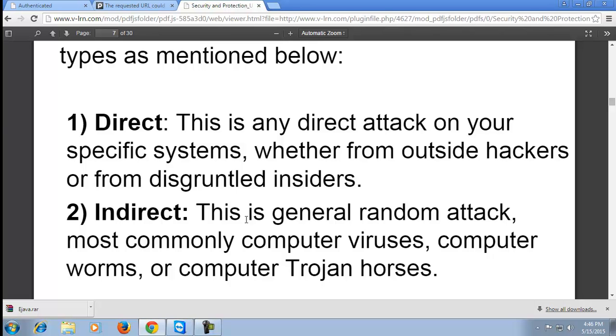So these are the kinds of attacks and methods by which hackers are always trying to attack and hack our data, causing losses and affecting our data inside the system.